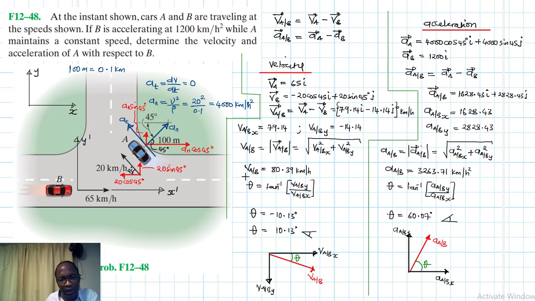So let's outline our solutions. We had a vector here for our solution for velocity, relative velocity, which is this one here. Take it a little bit up like so. That is our solution, and then we had this magnitude and this direction.